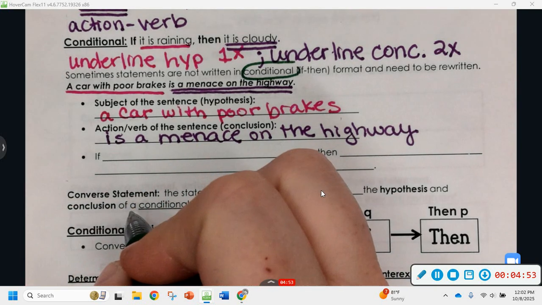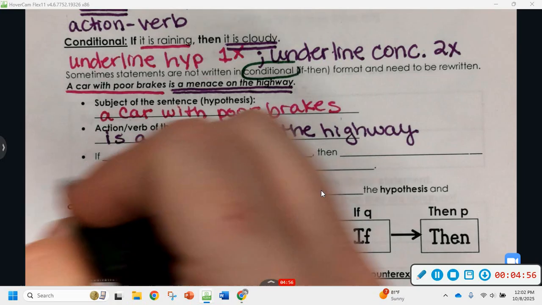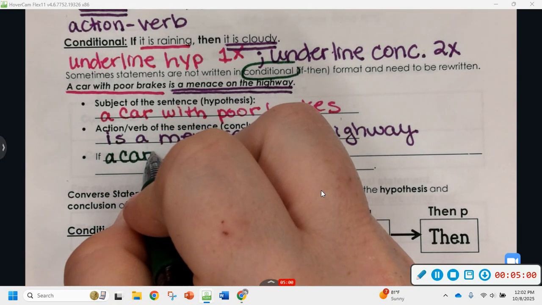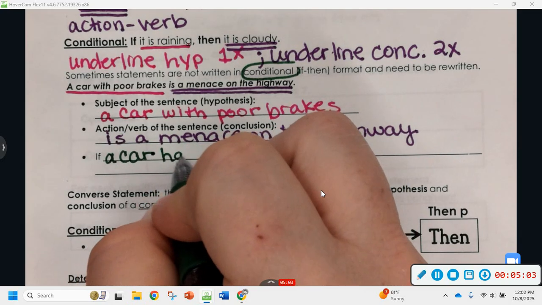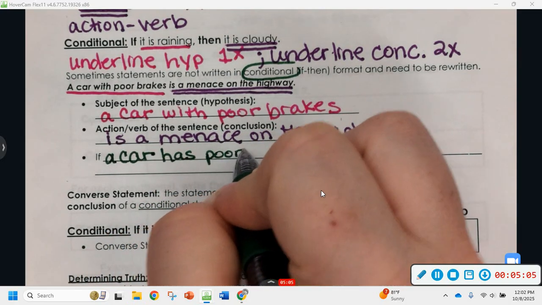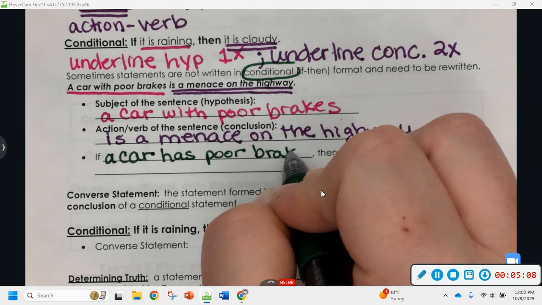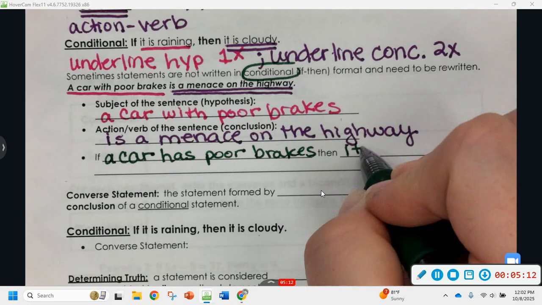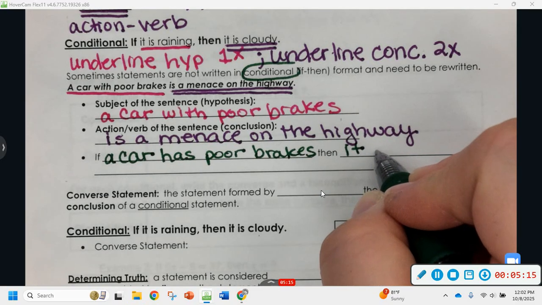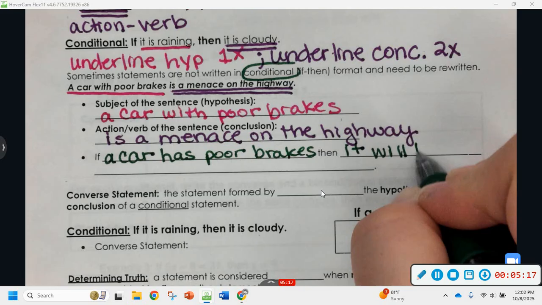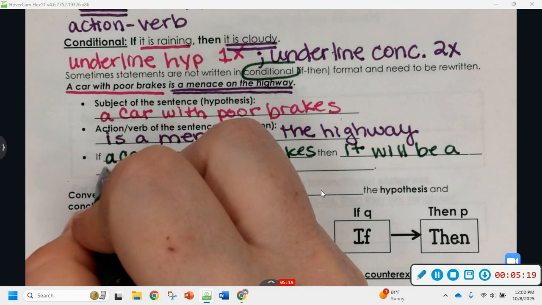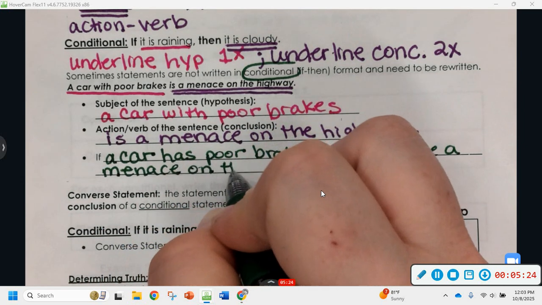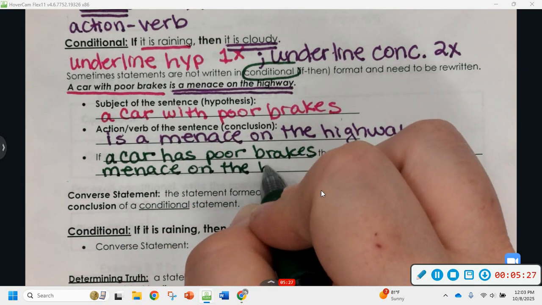So, if maybe a car has poor brakes, then it is or it will be a menace on the highway.